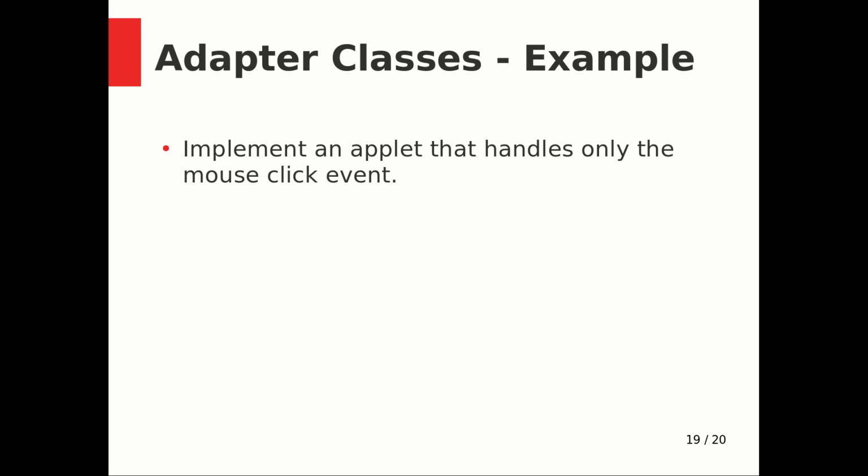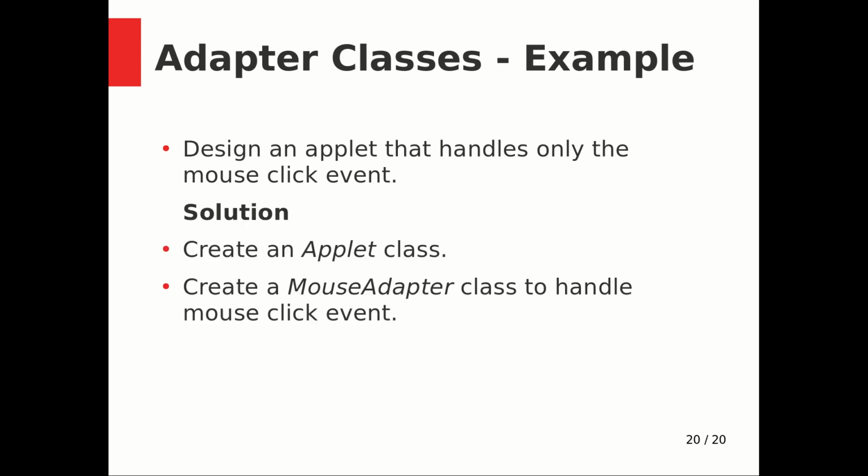So how can we avoid implementing all the other methods that we have already discussed? Instead of implementing the mouse listener interface, we will be using a mouse adapter class. First of all, we will be creating an applet, and then instead of the interface for mouse listener, we will be using the mouse adapter.